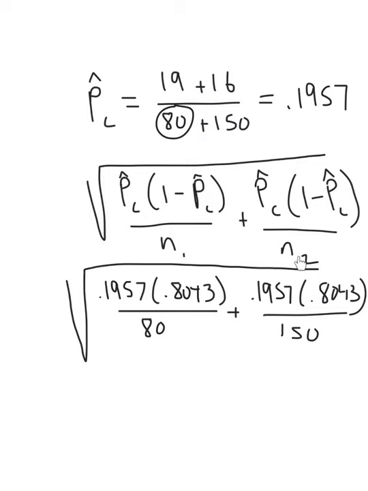Now I put all that stuff into that big fraction thing that Casey showed us, and I get 0.0549. Okay, there's all that stuff. Now, what do we do with it? Well, we got the standard deviation, right? Well, we got to get a z-score. So let's go to the next page and take a look at that.